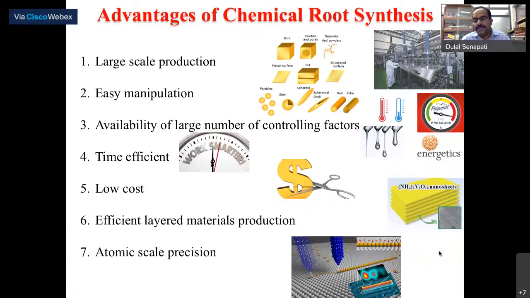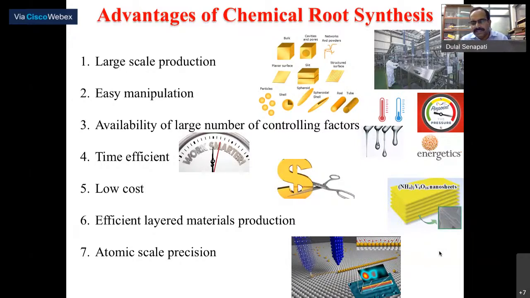Also there are several physical conditions: you can change the viscosity, the temperature, the radiation, the pressure. At the same time, you can change chemical parameters, like the ligand, the metal precursor, the pH, even the composition.